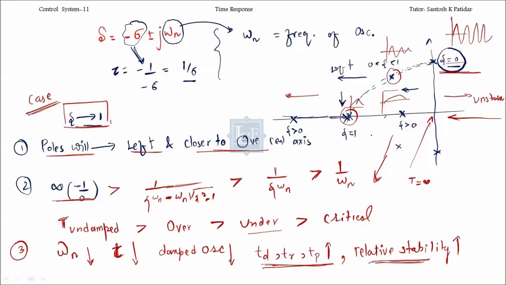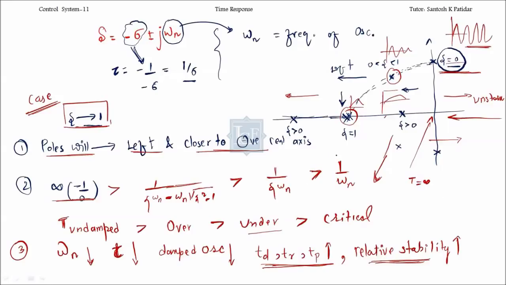If your poles are moving towards the imaginary axis, you are losing your stability, moving to marginal stability. Once you cross the imaginary axis, you enter the unstable region. So what is my point? If you are moving left, you are increasing your stability. If you are moving right, you are losing your stability. I hope it's clear to you. So friends, this is all about this zeta analysis.